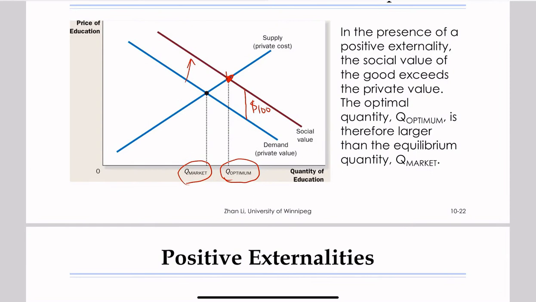It's too small. So you will use subsidy to move the demand curve to the right. And it's quite understandable why you're using subsidy here. Because you can basically consider subsidy as the opposite side of tax, right? So if you produce too much, you're using tax, then you definitely should use subsidy if the market is producing too small, right?